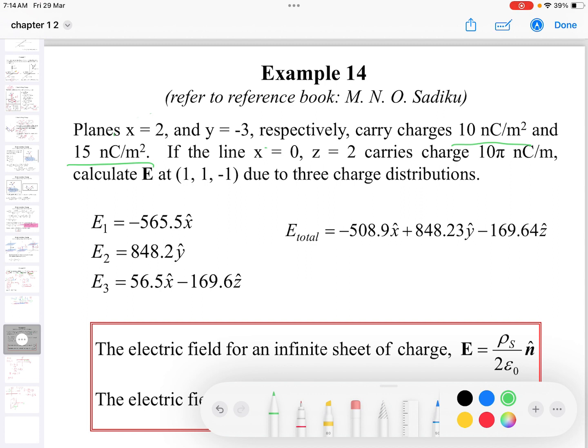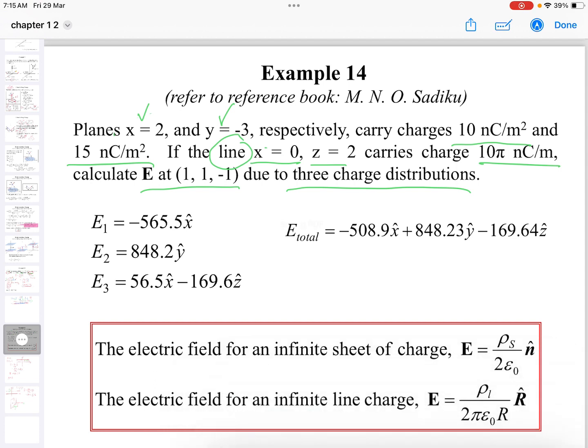If the line at the position 0 and 2 carries a charge of this one, you have to calculate the E at this position due to 3 charge distributions. So we focus on the planes x equals 2 and y equals -3. And for the line, you can try it at home or we can do it together in our class.